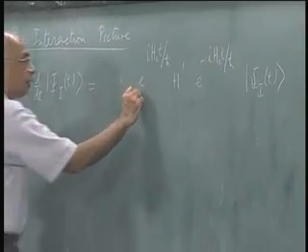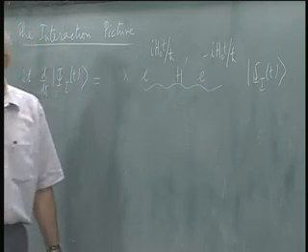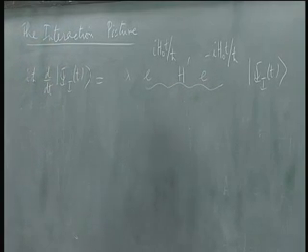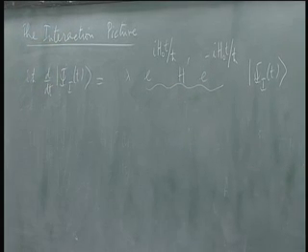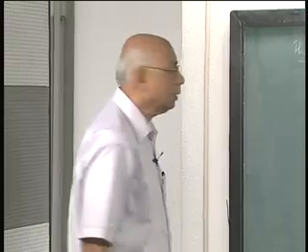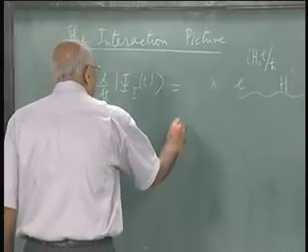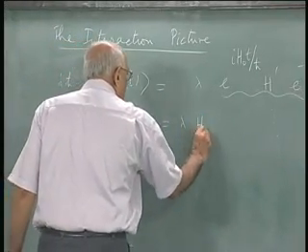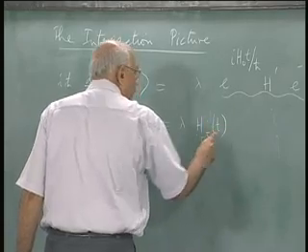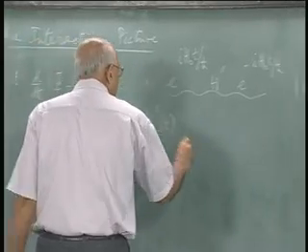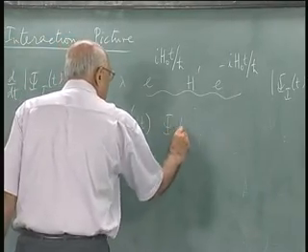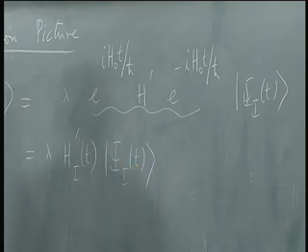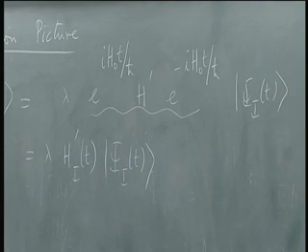But by definition, this quantity here is the interaction picture representation of the operator H′. So finally we get this is equal to λ H′_I(t) ψ_I(t). See?